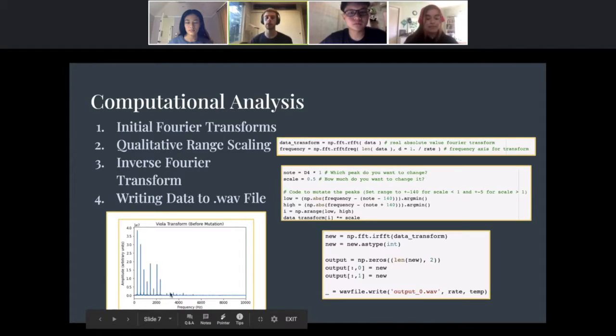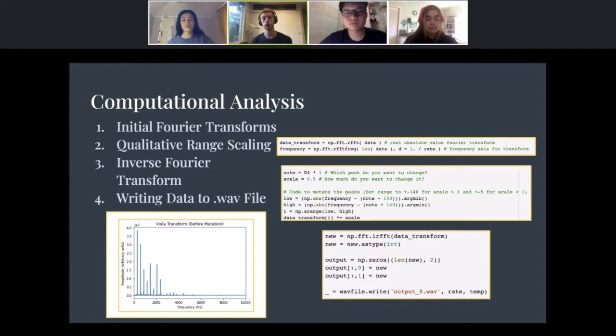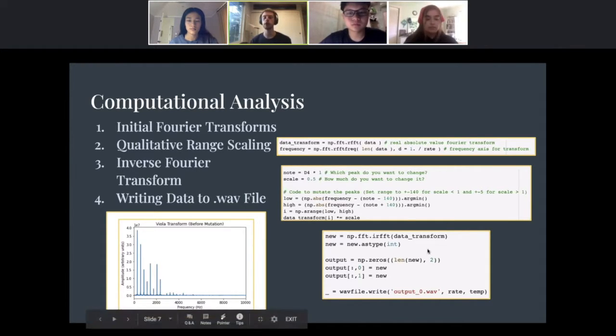Using the second segment of code shown, we adjusted the peaks of one Fourier transform to look like another, for example violin to guitar. We used a range of plus minus 140 Hz for scaling down to minimize noise, and a range of plus minus 5 Hz to scale up for the same reason. Once the Fourier transform looked qualitatively close enough to our desired signature, we used the last segment of code shown to perform an inverse Fourier transform and write our data to a WAV file.